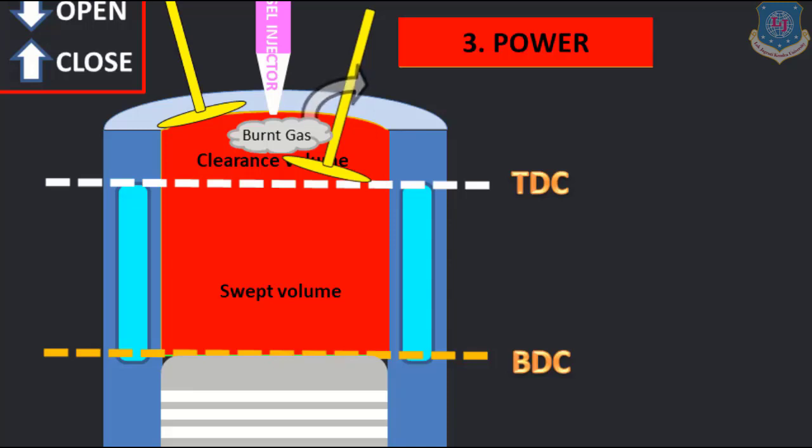When the piston is moving from TDC to BDC, it also generates burnt gases because it is combusting the fuel. All the burnt gases formed while the piston moves downward, we need to take out. So we will open the exhaust valve when the piston is about to reach BDC, not exactly at BDC.